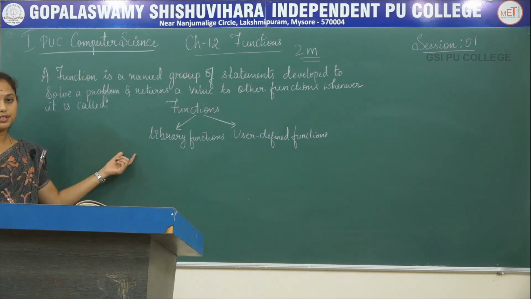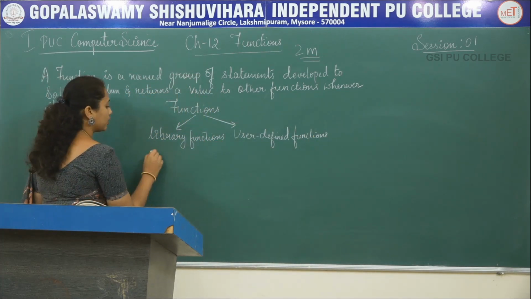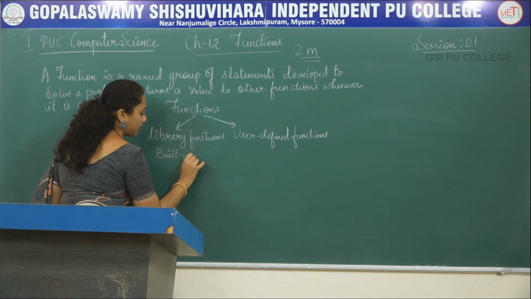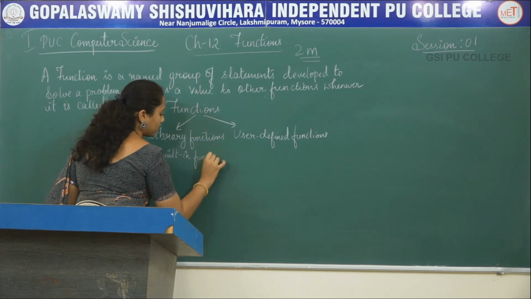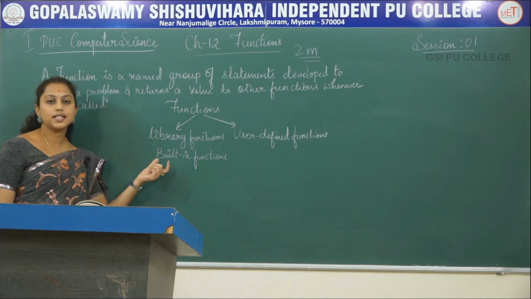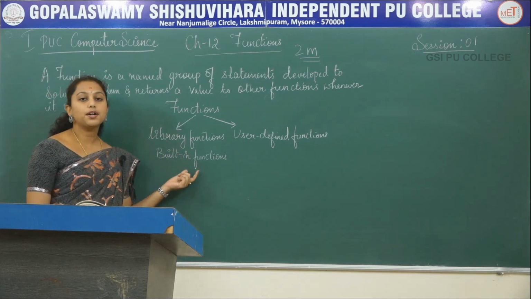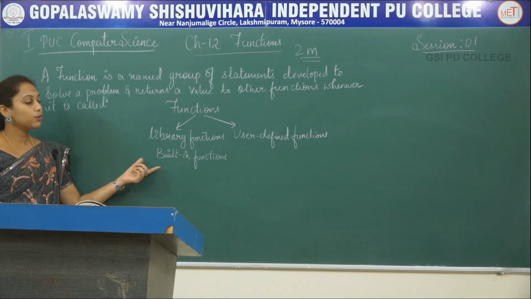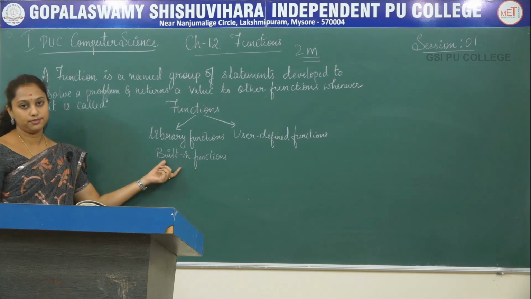So what are library functions? Library functions are also called as built-in functions, which contain the necessary functions required for our C++ program and programming elements which can be accessed through header files.